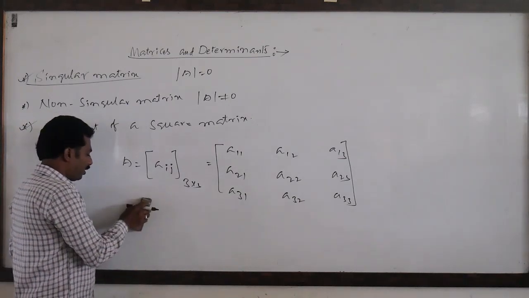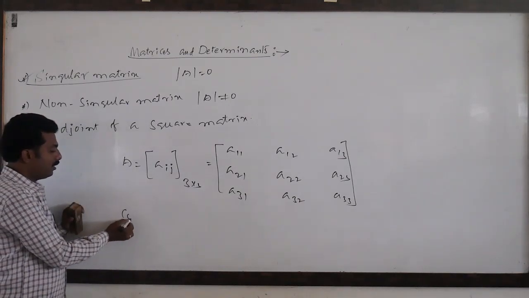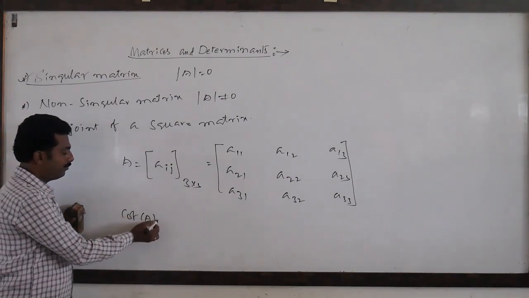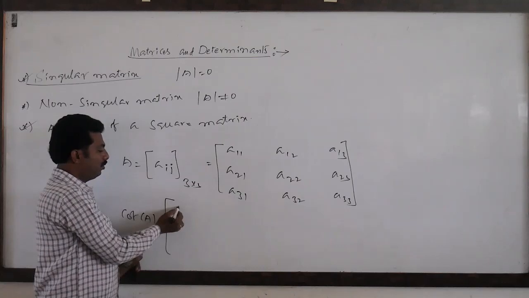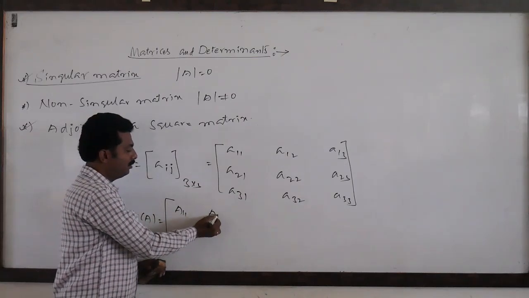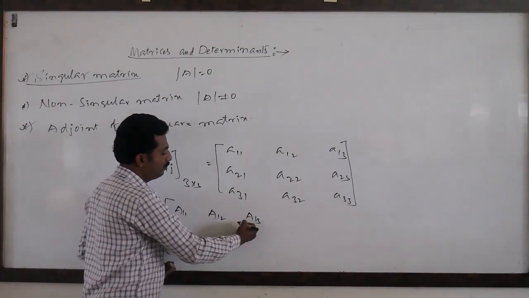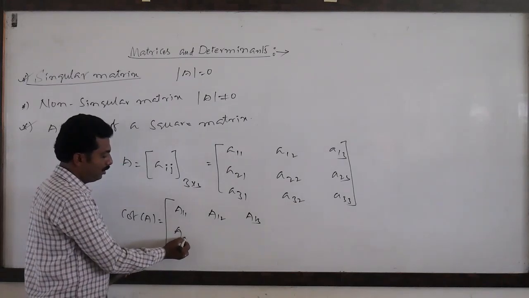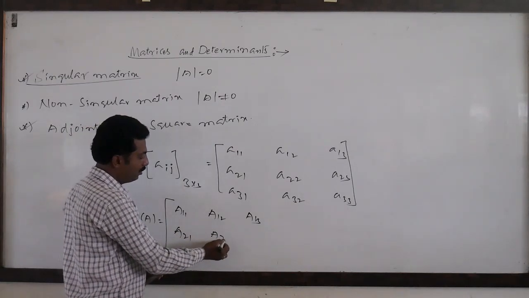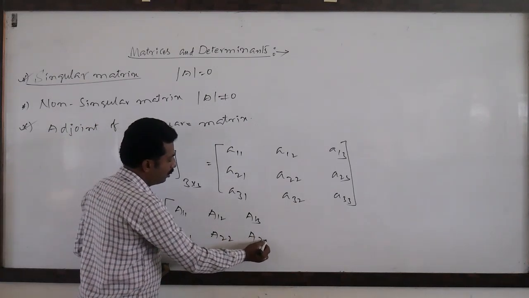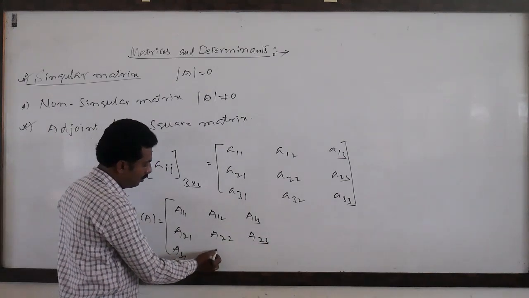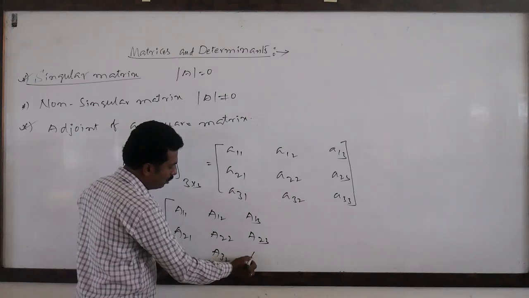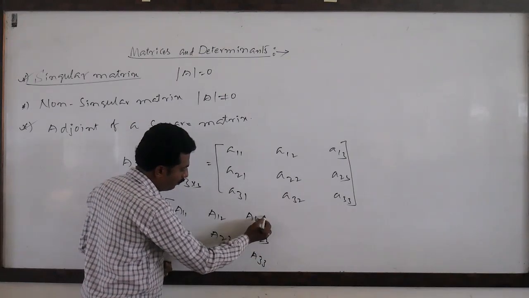First we have to calculate the cofactors of the elements of capital A. Cofactors of A11, cofactor means capital A11, capital A12, capital A13, capital A21, capital A22, capital A23, A31, A32, A33.